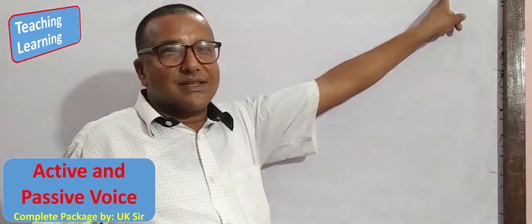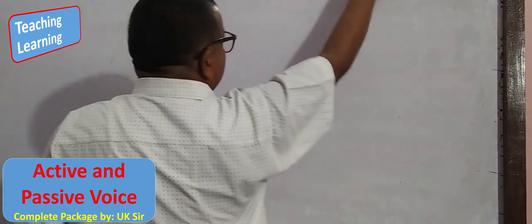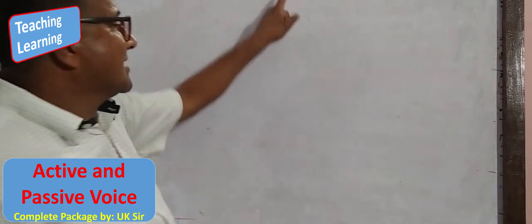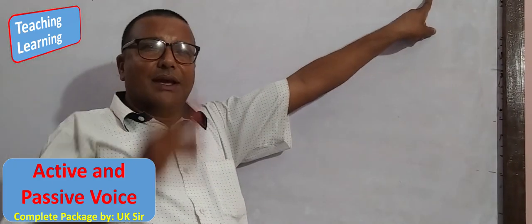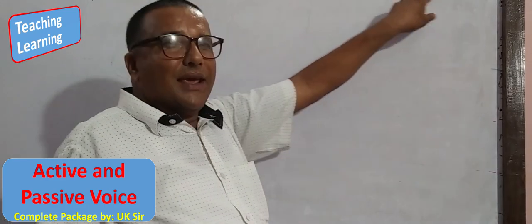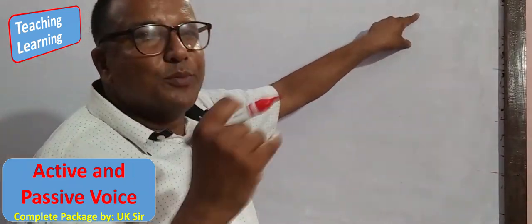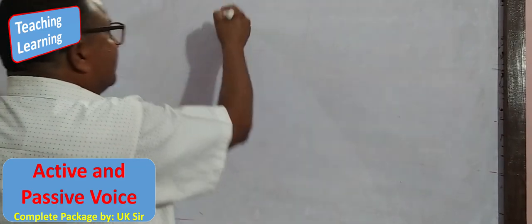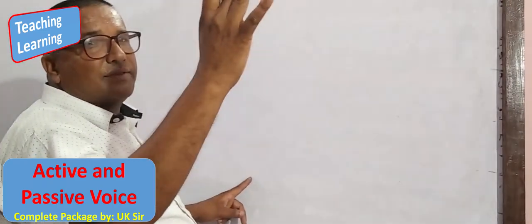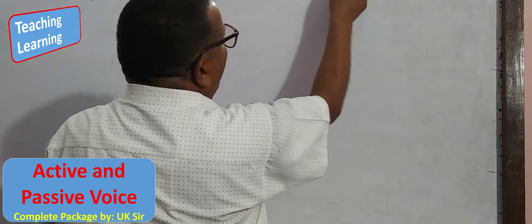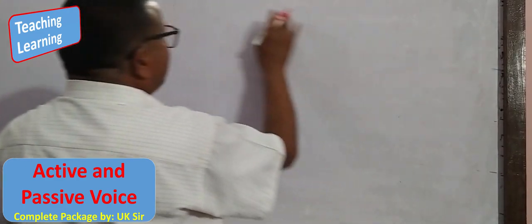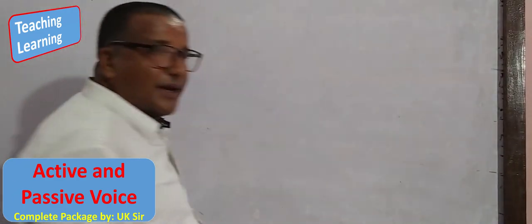It is in the active voice. I have taught you in rule number 8 of the negative that someone, anyone, everyone is changed into no one to make a negative. No one is used as none. None will love him. It is in the negative.